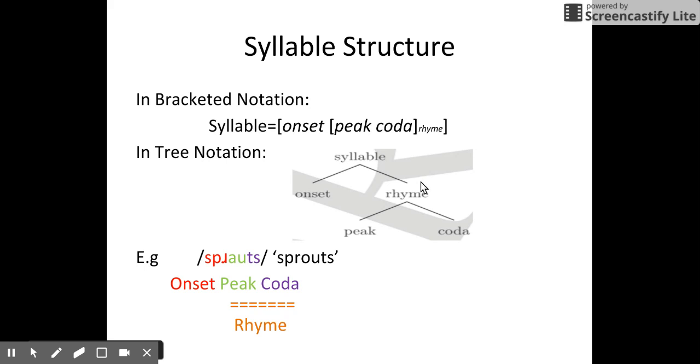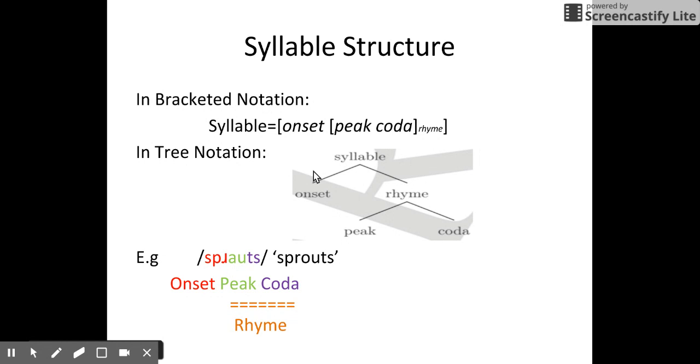And peak and coda, these two things form another natural unit, which is called a rhyme. Okay, so a syllable is composed of two things, onset and rhyme, and rhyme is decomposed into two things, peak and coda. This structure is very important.